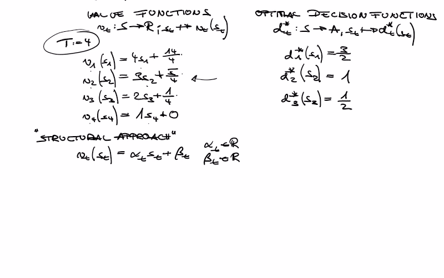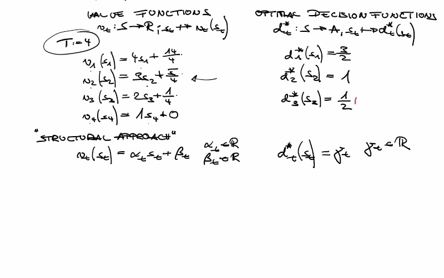The other thing is the case of the optimal decision function, where a guess would be that this is just a real number independent of the state. And how is this guess motivated? Well, we have 1/2, we have 1, we have 3/2 numbers, so maybe that's a good guess.